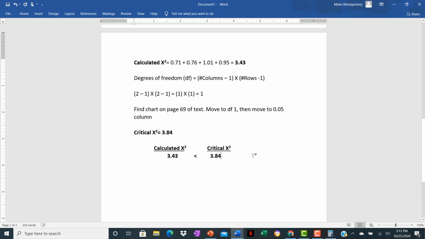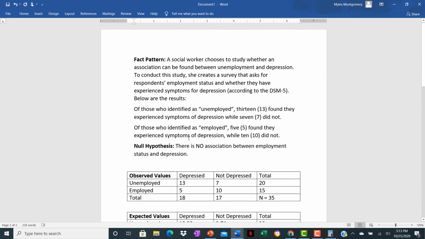So what do we do here? Well, I have a way for you to sort through this. Let's go back up to the null hypothesis and copy and paste it.